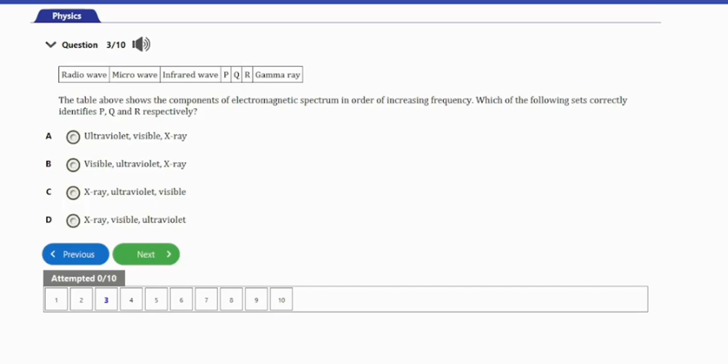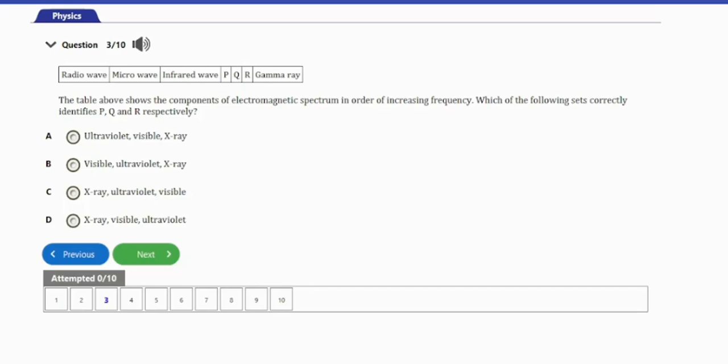X-ray, visible, ultraviolet. So guys, looking at this table, we have radio wave, microwave, infrared rays, P, Q, R, and then gamma. We are considering these electromagnetic waves in order of increasing frequency. Already we know that gamma ray will have the highest frequency, followed by X-ray, then the ultraviolet ray, then the visible light before the infrared wave, the microwave, and then the radio wave.